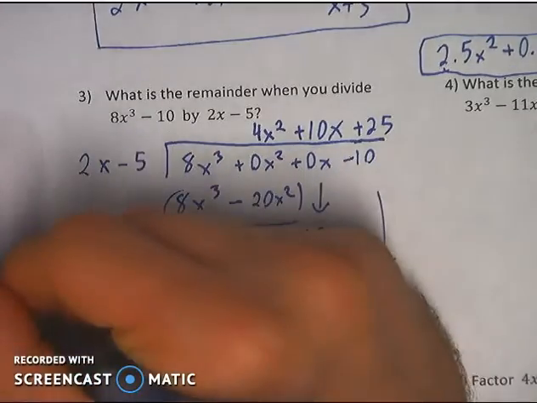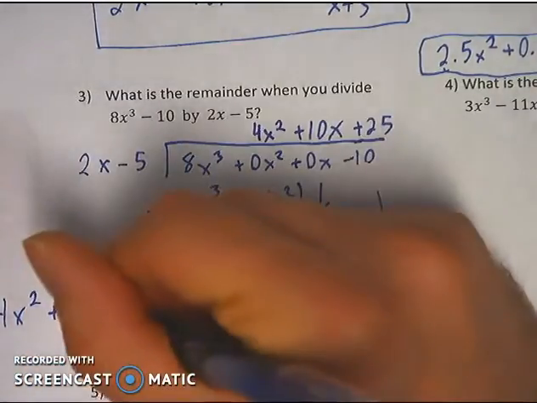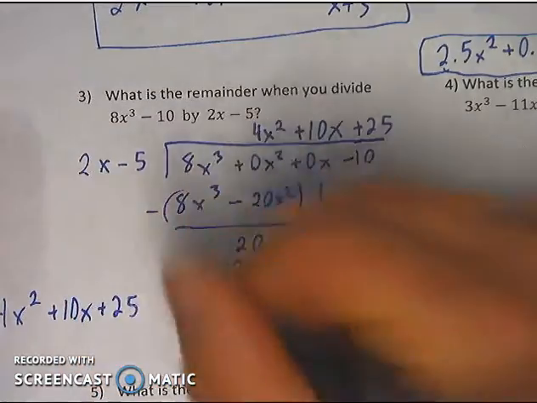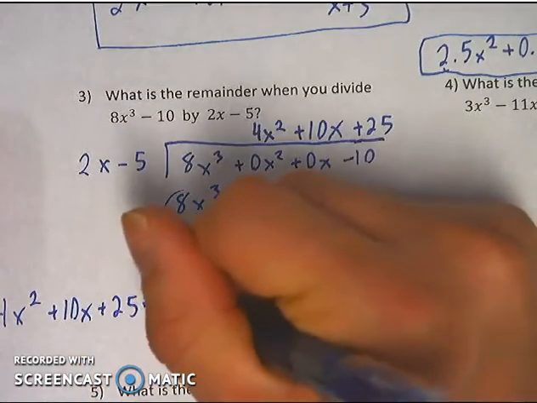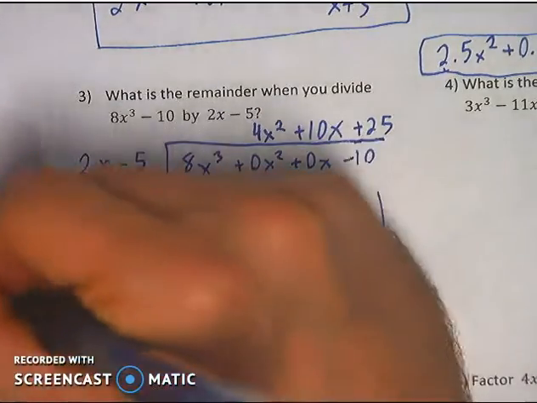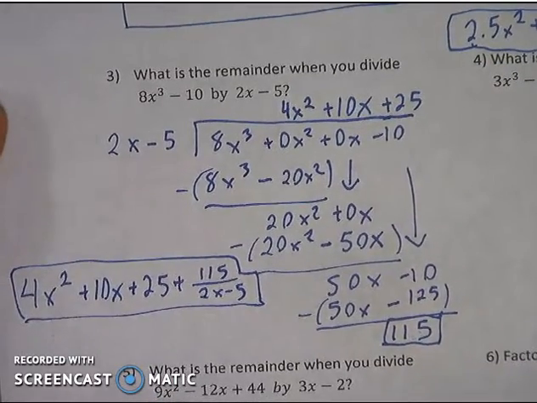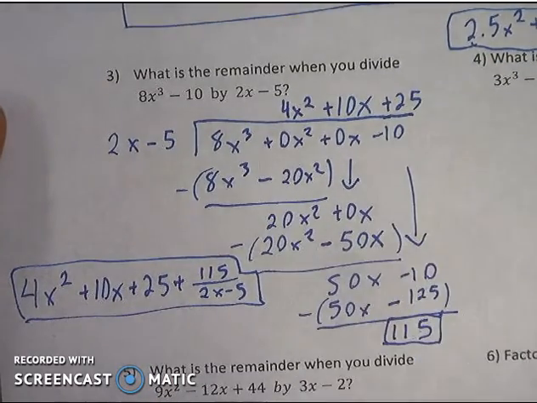So my quotient here is 4x squared plus 10x plus 25 plus 115 over 2x minus 5. And there's your answer right there. So we had to do long division there because of the 2x minus 5.